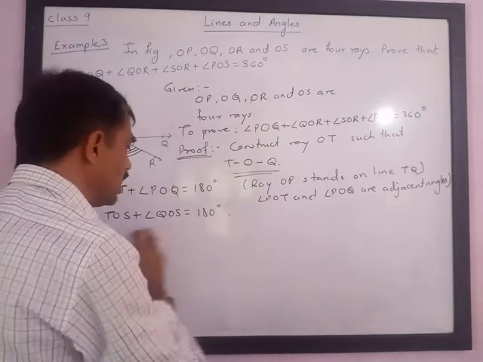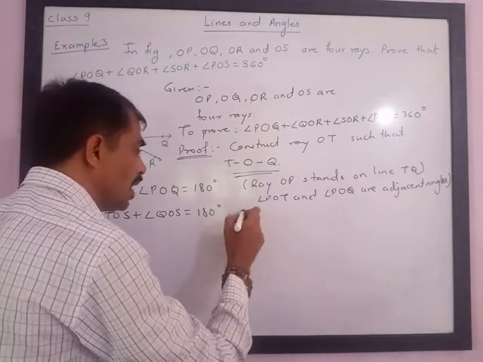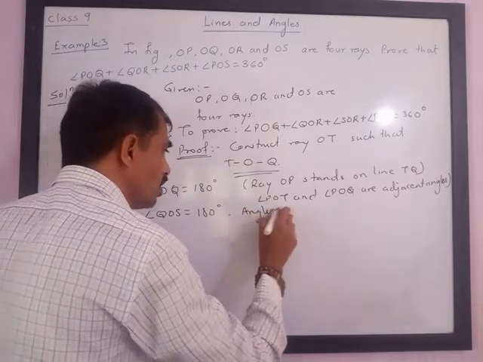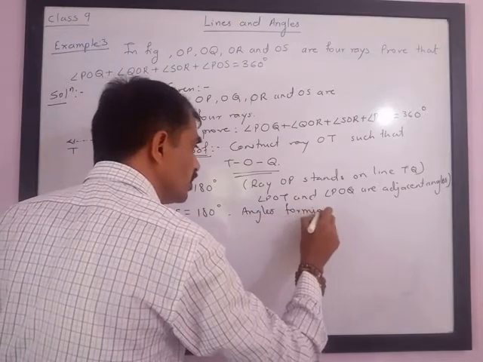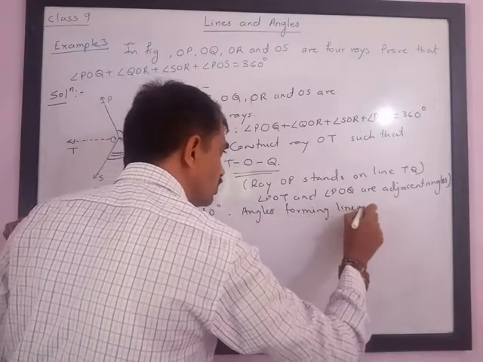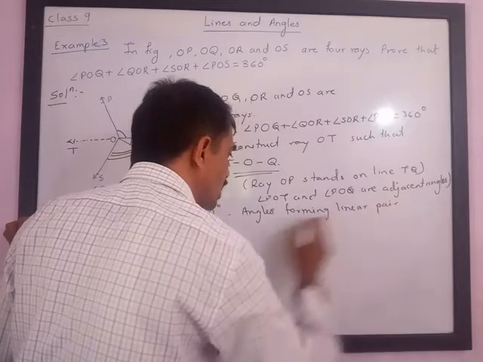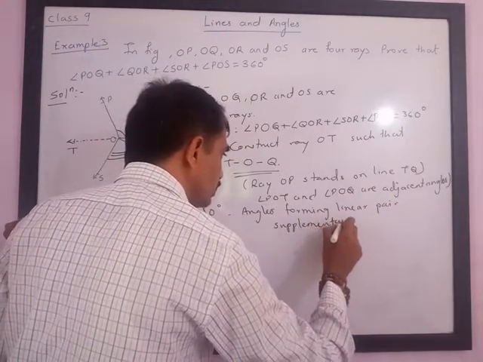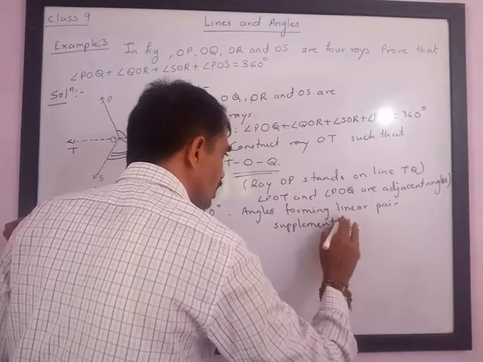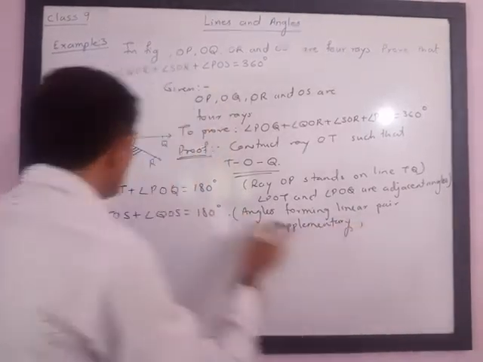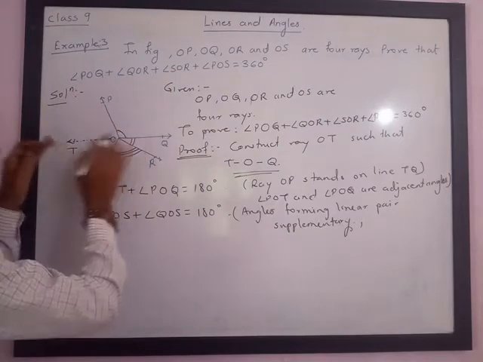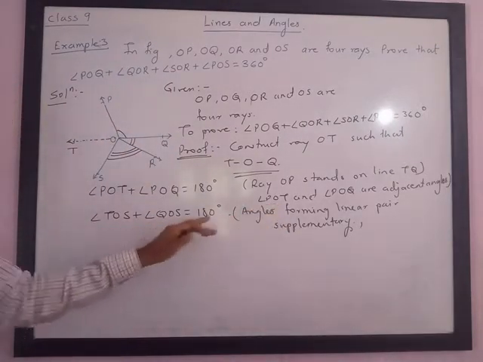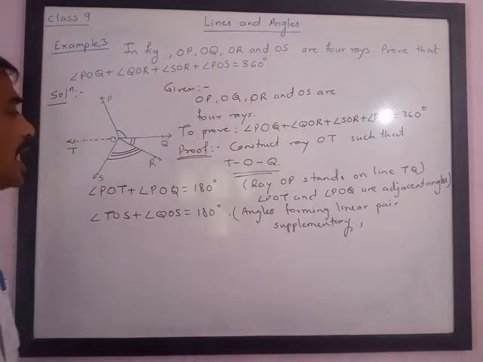The reason is the angles form a linear pair. Angles forming a linear pair are supplementary. You can understand this: this is a ray, a line, and two adjacent angles form a linear pair, and if the angles form a linear pair, then the sum of their measures is 180 degrees.